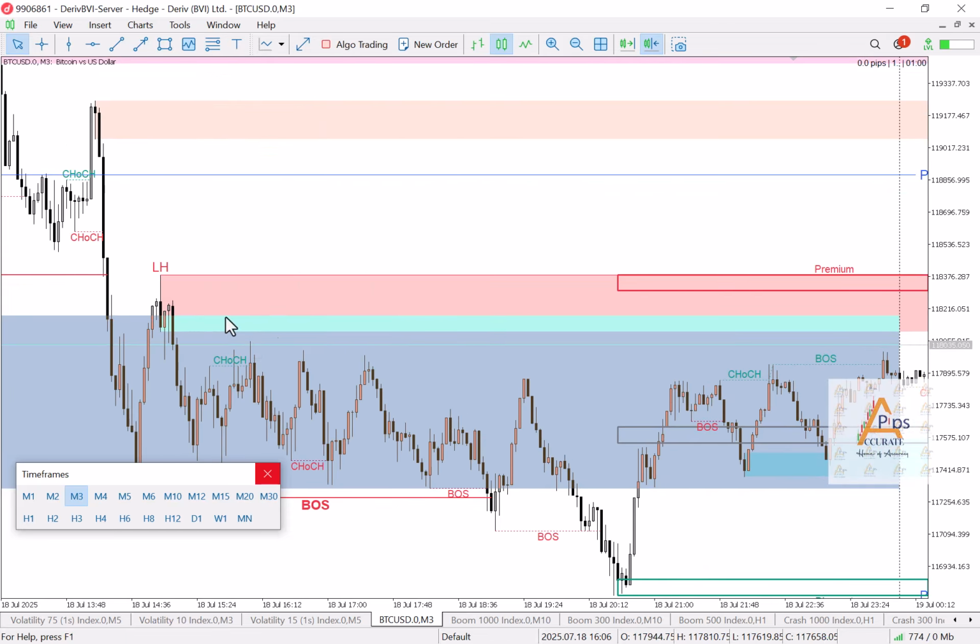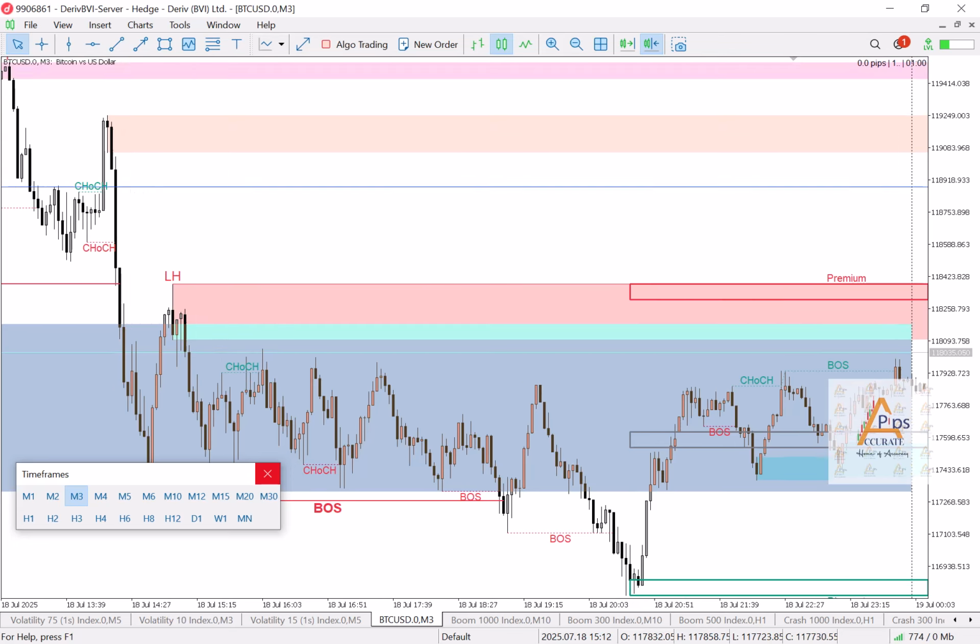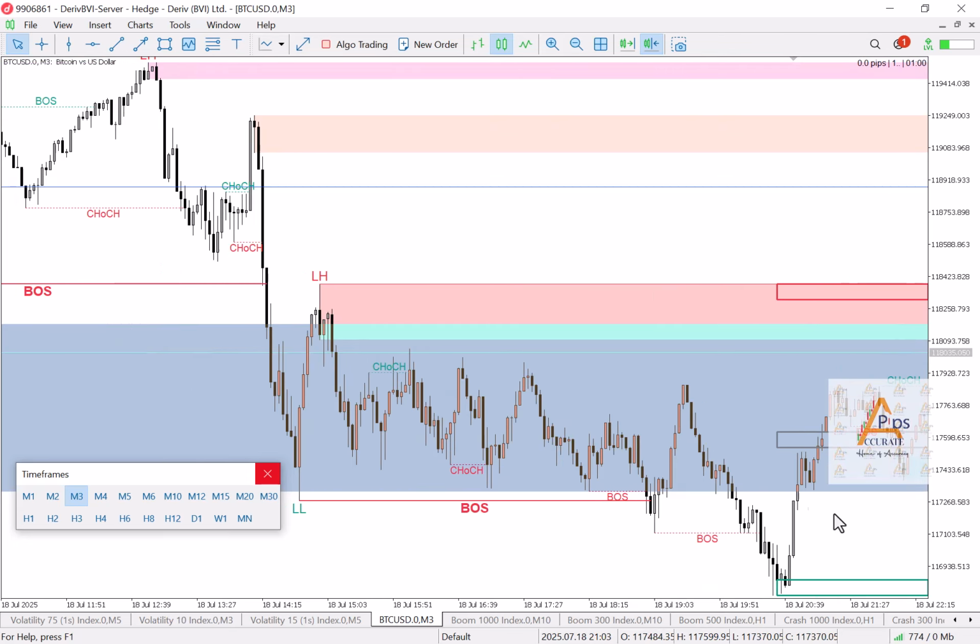So I traded this setup here when price took this liquidity that it wrote chalk over there because of the zone above.